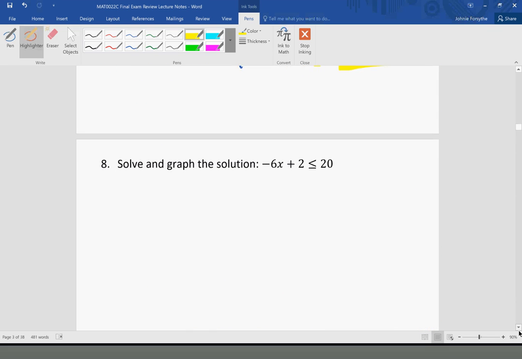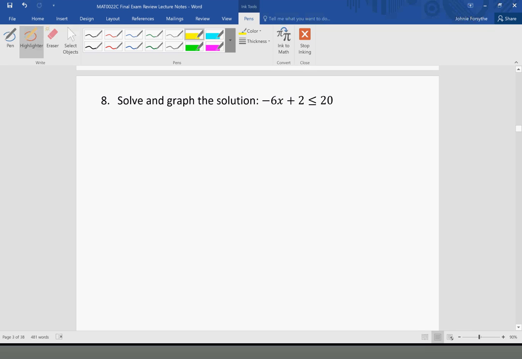Okay. Number 8, solve and graph the solution. Sorry. Negative 6x plus 2 is less than or equal to 20. To solve for x, I'm going to start by subtracting 2. So I have negative 6x is less than or equal to 20 minus 2, which is 18.